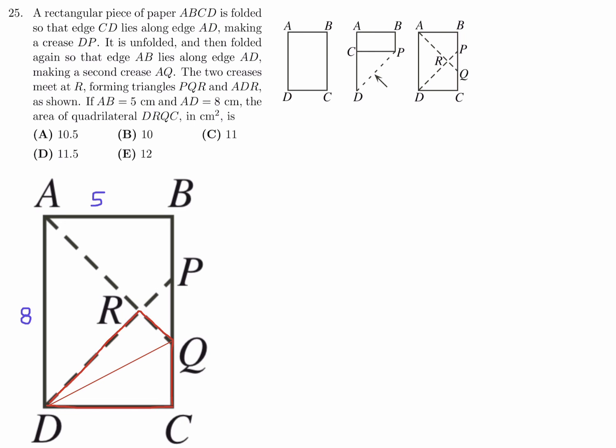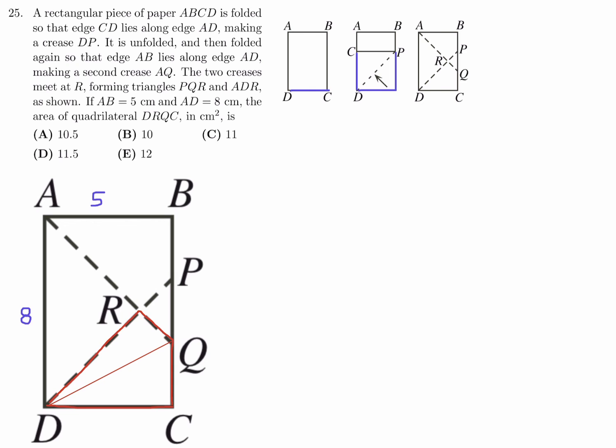Now, notice in this diagram right here, up here, that CD was here. And then you folded it and CD came up here. So when you do that, what you've basically done is formed a square. And because you formed a square, this is the same as that in terms of its length.